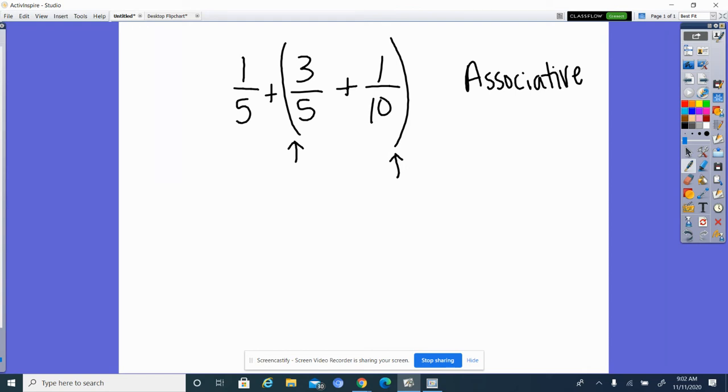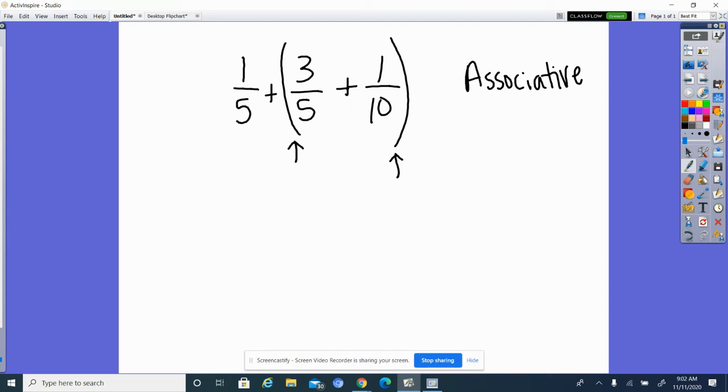Okay, so in our order of operations, what did it tell us to do first? What are we supposed to do first in order of operations when there's parentheses? Yeah, do the parentheses first. Now, the associative property tells me that I can group how I want. Would I want to figure out 3/5 plus 1/10 first?